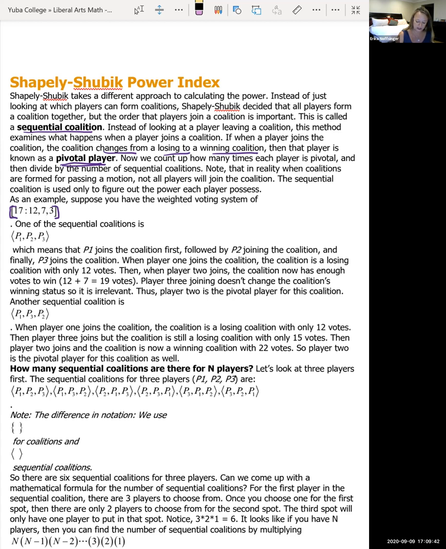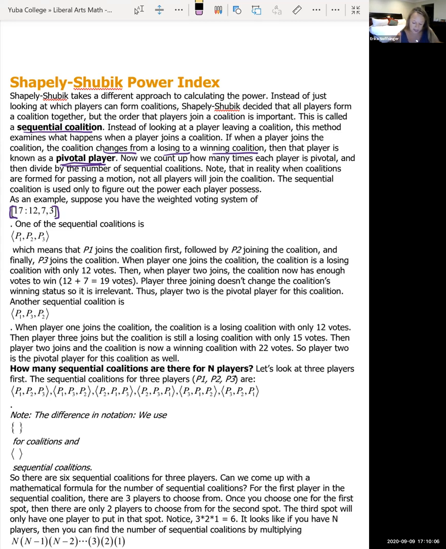Then the numbers after that were the weights of each player. We went from the highest weighted player, calling them player one, 7 would be the weight of player 2, and 3 would be the weight of player 3. So here we have 3 players that are voting.